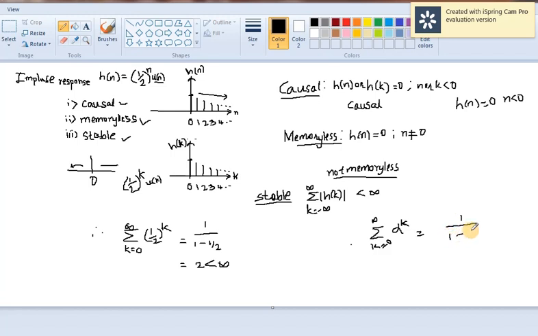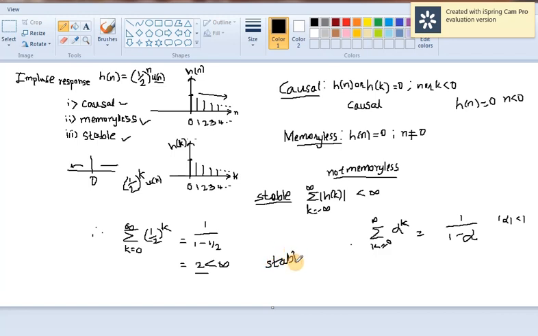This is valid if the value of alpha is less than 1, and certainly 1 by 2 is less than 1. So using this formula, the answer is 1 by 1 minus 1 by 2, which is 1 by half, so it is 2. We get the answer as 2, which is certainly less than infinity. So the system is stable, and we arrive at the conclusion that the given system is stable.